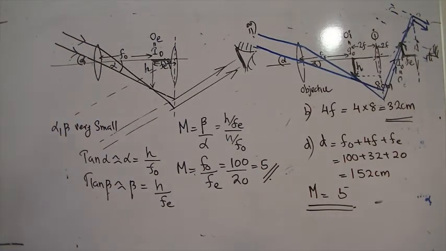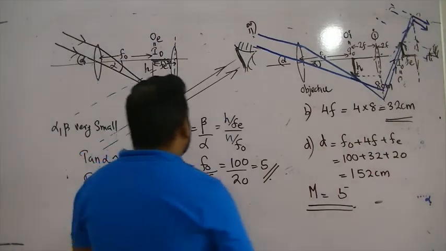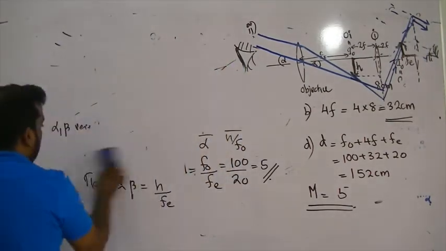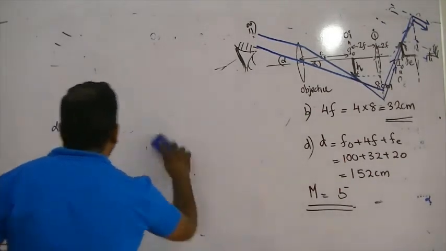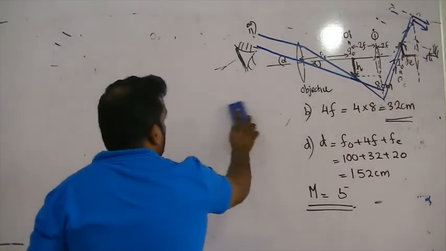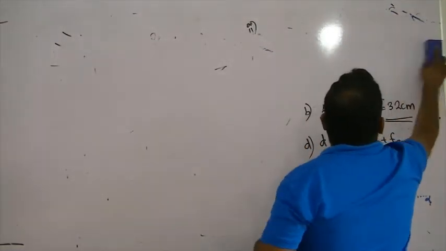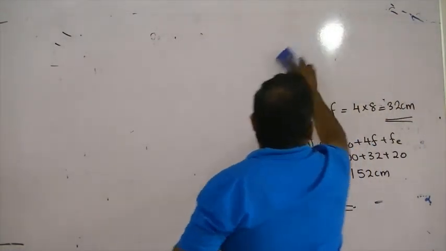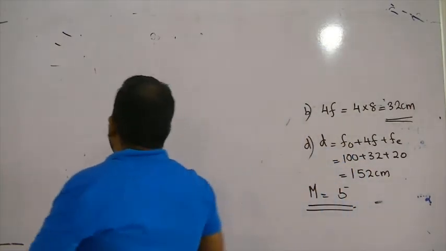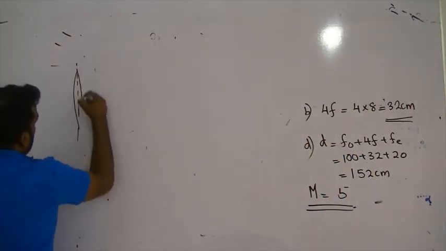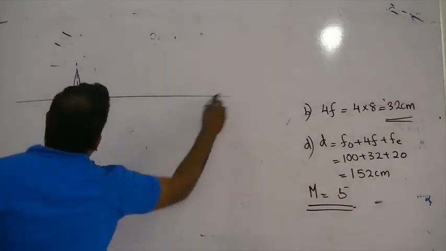From the intermediate lens, only inversion is taking place.